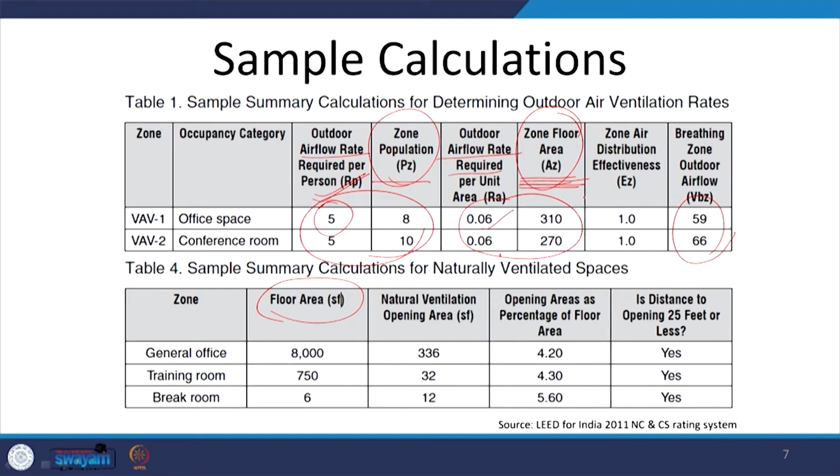In case we are going for natural ventilation, the amount of opening provided as a percentage of the floor area will be determined, and this is what is specified in codes. If it is naturally ventilated, the fenestration opening area as a percentage of floor area is specified, and that has to be achieved and met.